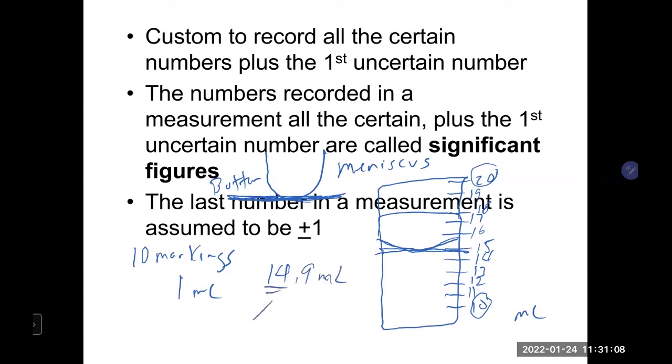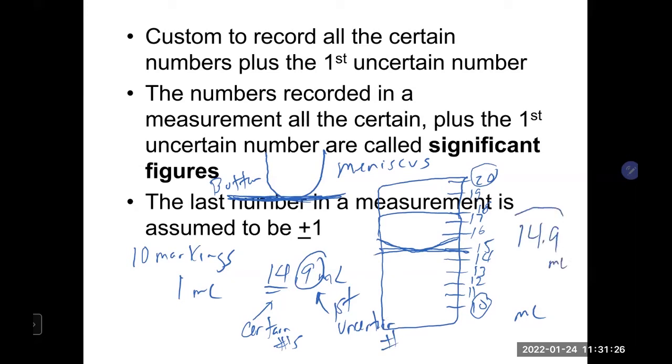These would be our certain numbers, and this would be our first uncertain number. In this particular case, we would record something like 14.9 milliliters, which means this has how many significant figures? 3 significant figures here. They would all be significant, where the uncertainty lies in the last digit.